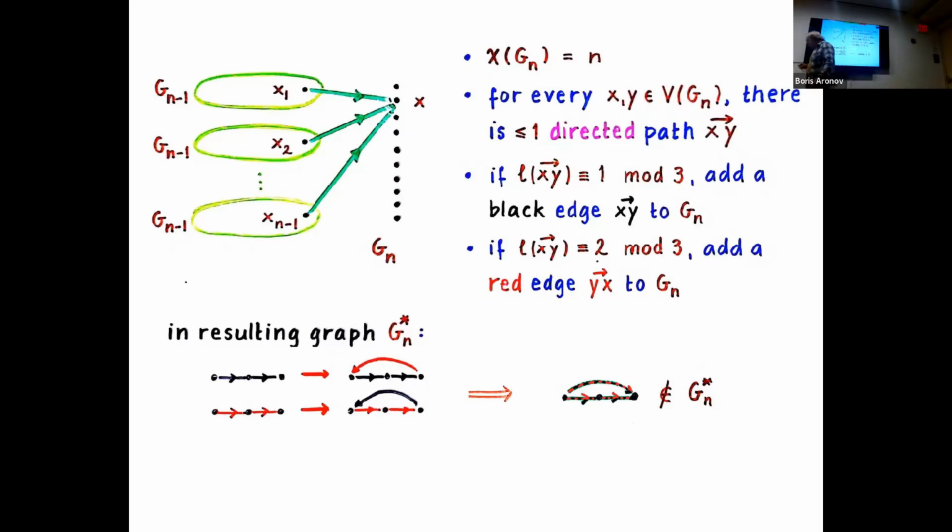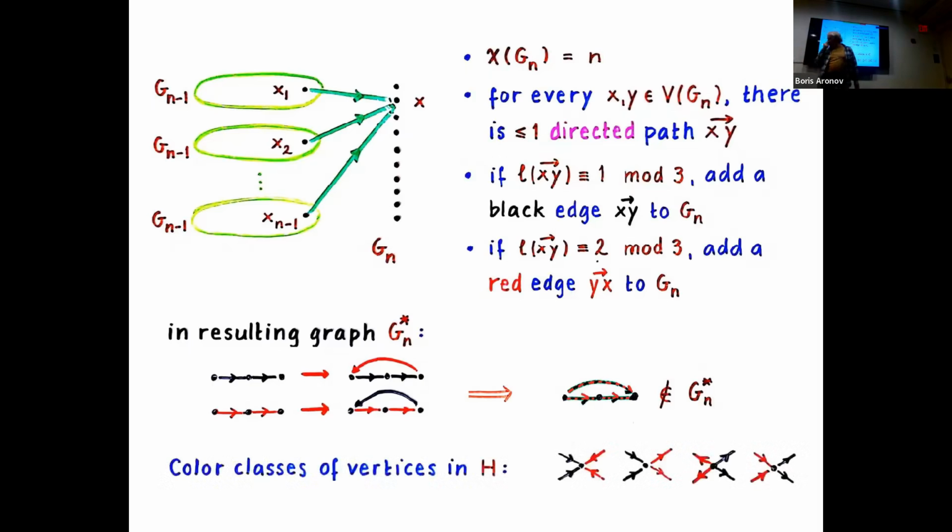And because we don't have this, if I look at a triangle-free subgraph of this graph, then it cannot happen that all the incoming edges must be of one color, and all the outgoing edges must be of the other.